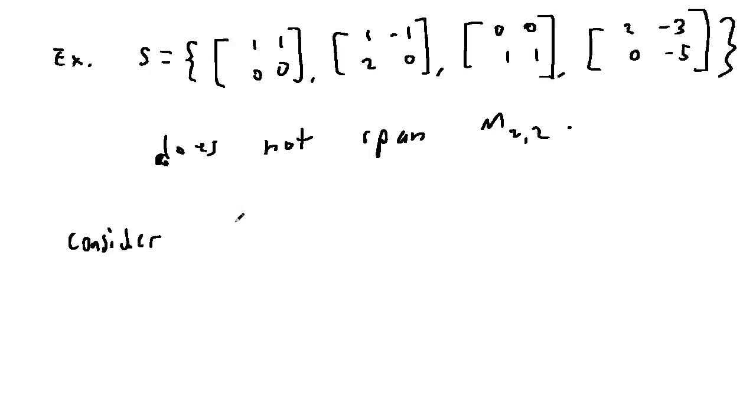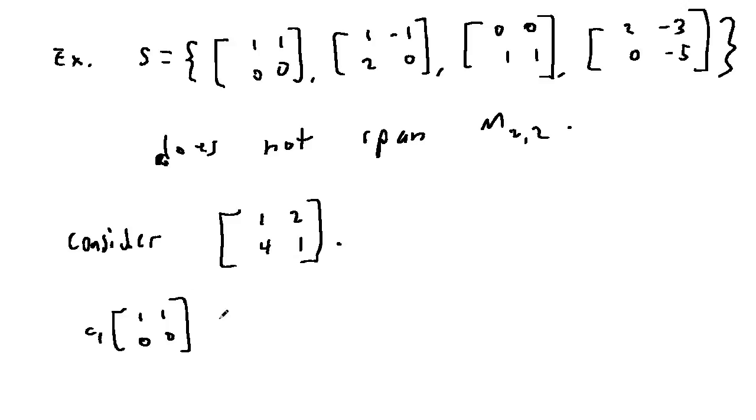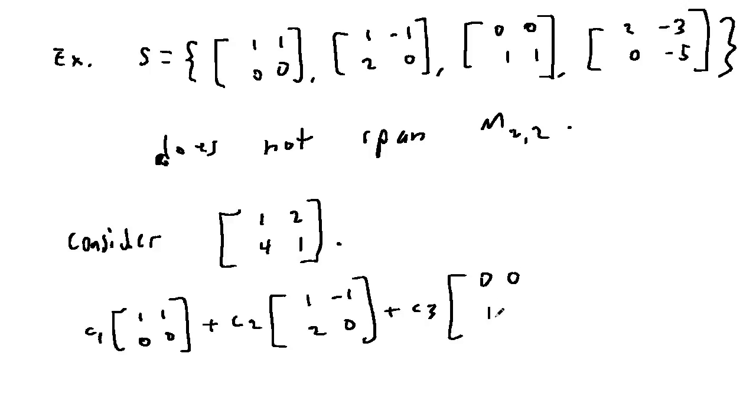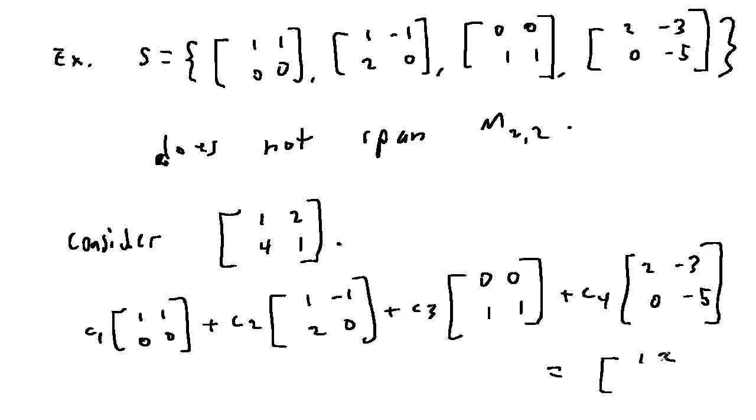Okay, consider this matrix. If this matrix could be written as a linear combination of the matrices in S, then we would have C1 times the first matrix plus C2 times the second matrix plus C3 times the third matrix plus C4 times the fourth matrix equal to this.